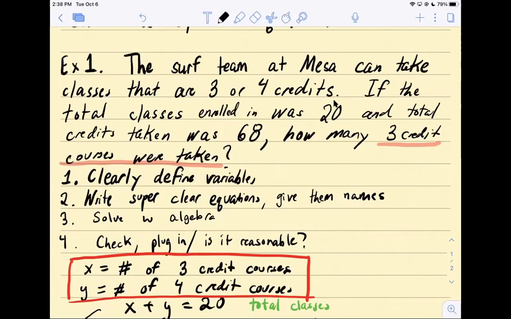To get from 80 down to 68, how many do you need to subtract? It's 12. So if you take away 12 of the 4 credit courses and turn those into 3 credit courses, but keep the rest as 4 credit courses, that'll leave you with 68 total credits because you're going 12 down from 80. And you're still going to have a total of 20 classes. So it's another way to think about it.